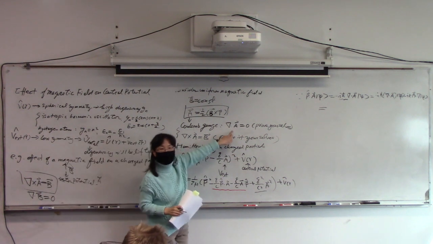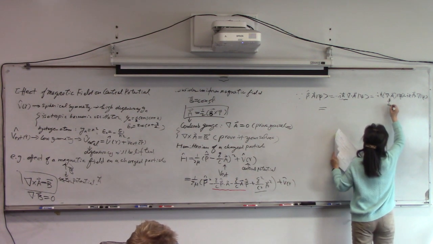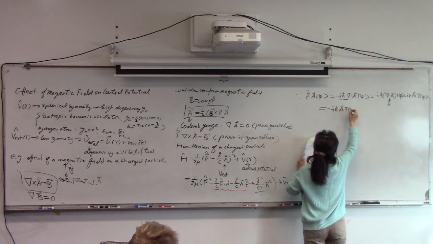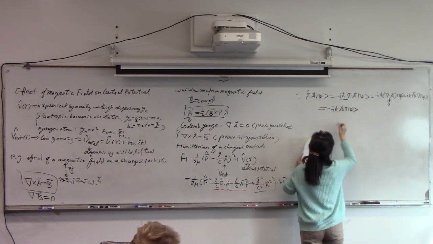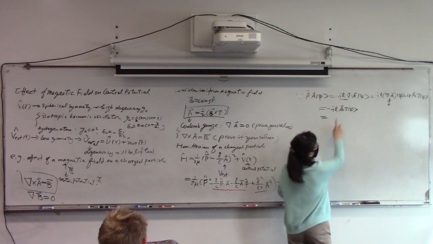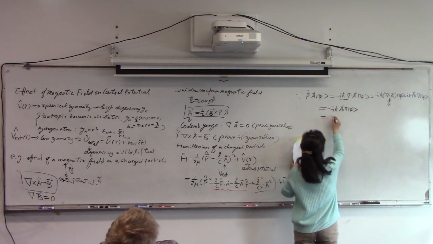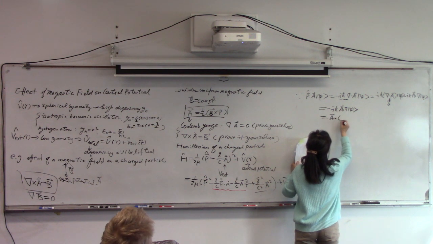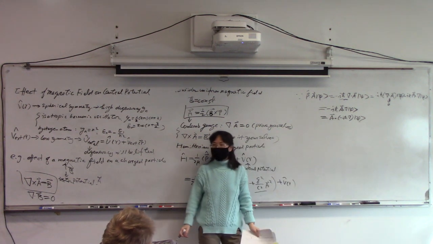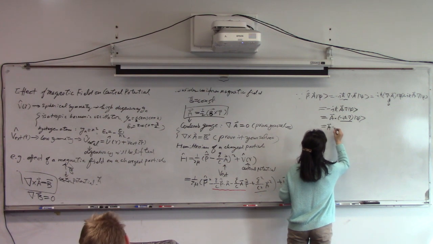Now we apply the property: this term is 0. Then the remaining is minus i h bar, and we can change the position here because this is numbers and this is just vectors. So A inner product is minus i h bar, and this is nothing but linear operator mathematics.